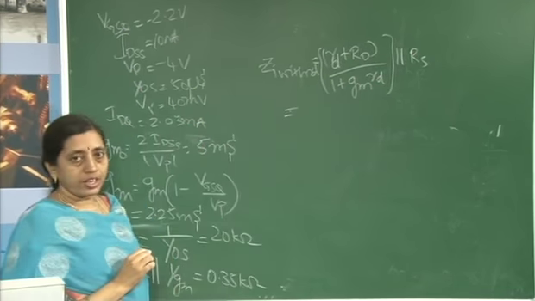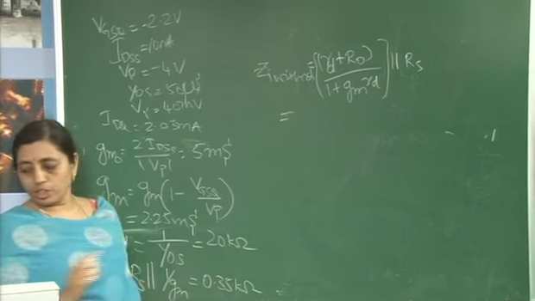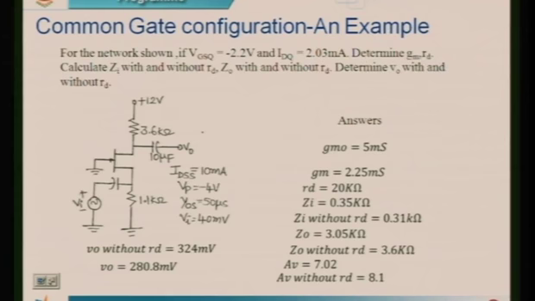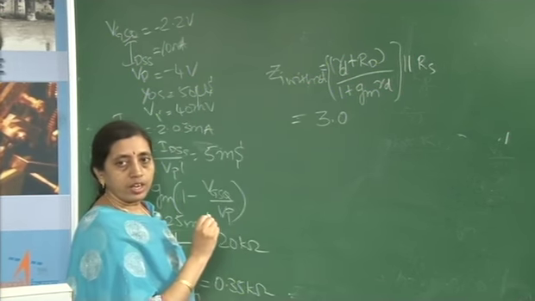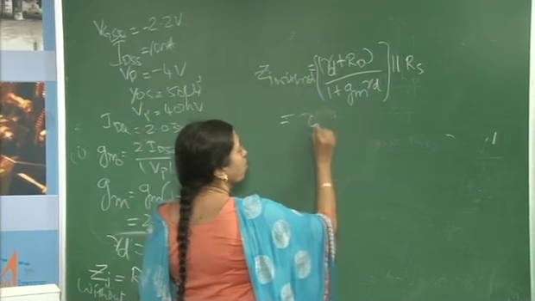By evaluating this, RD value you will come to know by looking at the circuit, it is around 3.6 K. Rs value is also equal to 1.1 K. By substituting this, we find that the value of Zi becomes 0.31 kilo ohms.